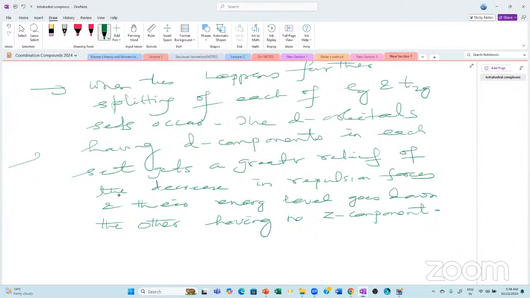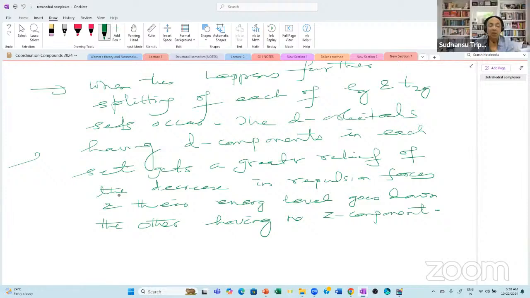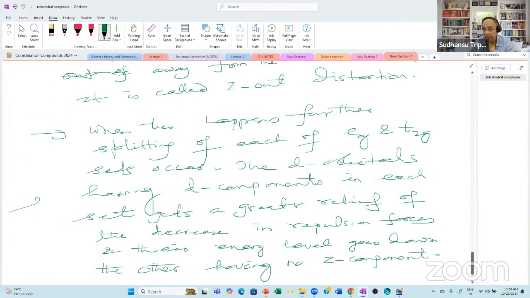ସାର୍ ସେଟା EG ଆଉ T2G ଲେଖିଥିଲେ। ହଁ କଣ ଅସୁବିଧା ହେଲା କି? କଣ ଲେଖିଥାନ୍ତି? ହଁ ଅକ୍ଟାହେଡ୍ରାଲ ସ୍ପିଡରେ EG ଉପରେ T2G ତଳେ ସେମାନଙ୍କର ମଧ୍ୟ ଫର୍ଦର ସ୍ପ୍ଲିଟିଂ ହବ। When this happens, comma, further splitting of each of the EG and T2G sets occur.